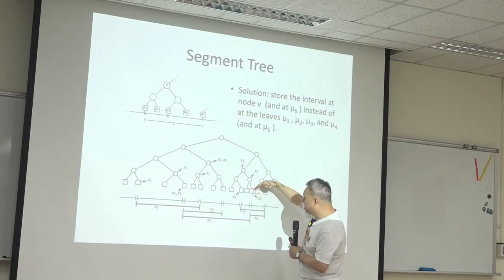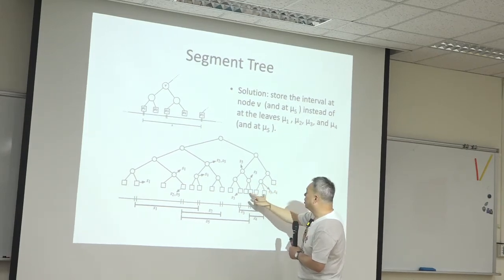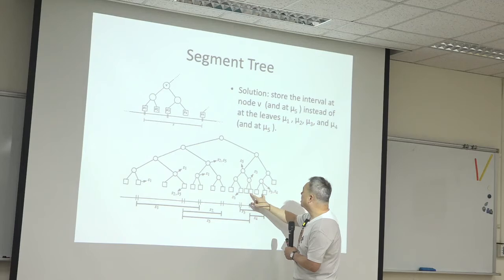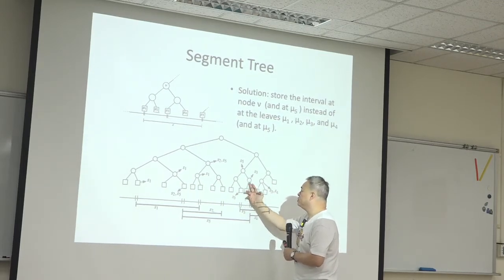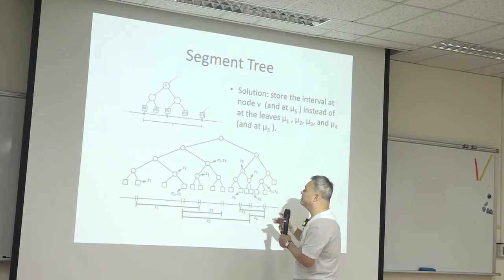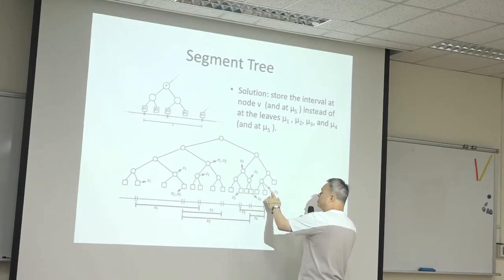And this one, and this one. All these four nodes: unfortunately, these two nodes we push up one level to store S3, and this one we push up one level to store S3.